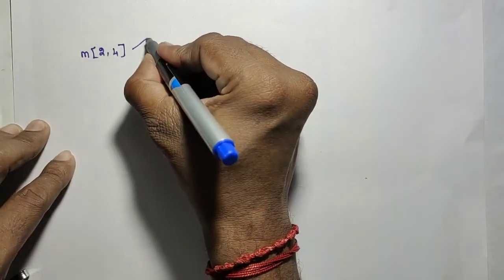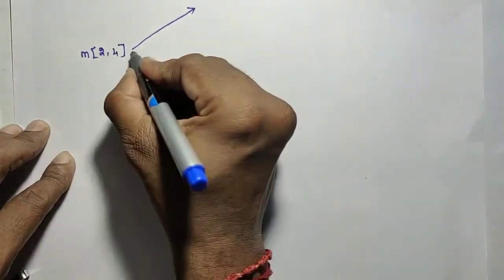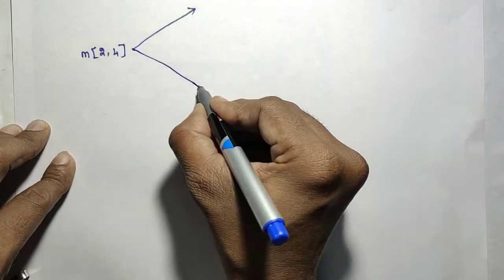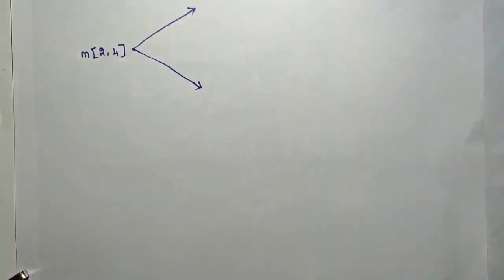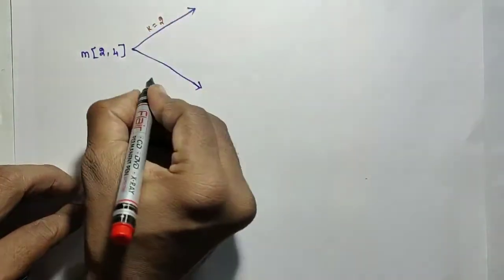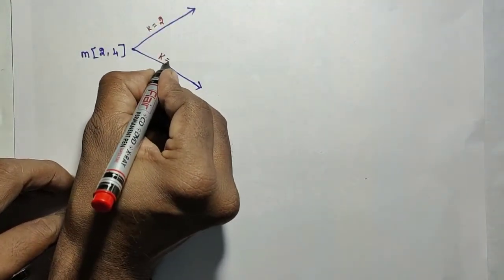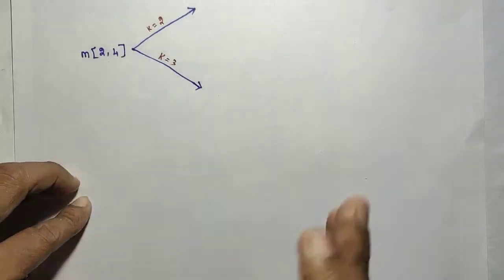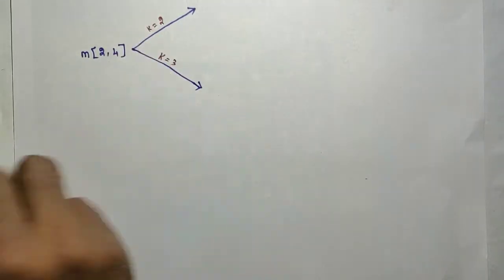Again there are two possibilities. One is k equal to 2, k starts with 2, and another one is k equal to 3. K equal to 4, no need to do. So k equal to 2 or k equal to 3.